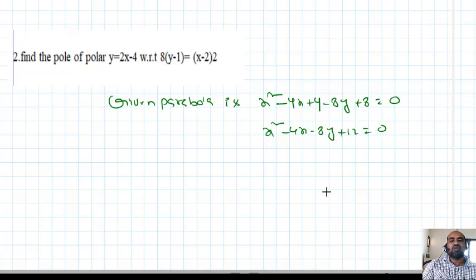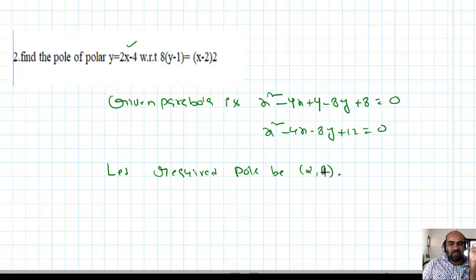Actually this is the polar. We need to find the pole. Let the required pole be (alpha, beta).